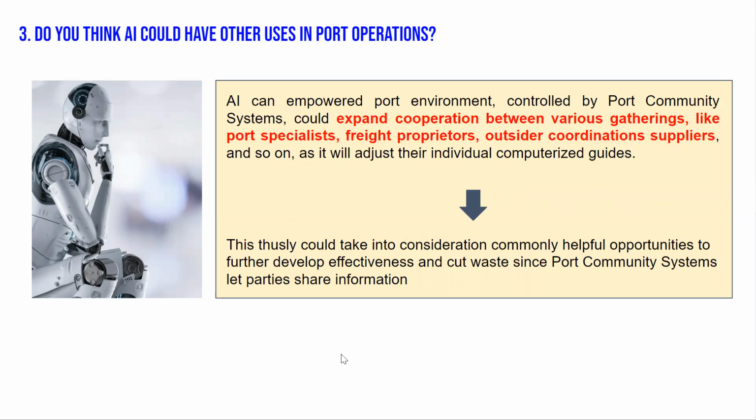And also the AI will adjust their individual digital guides based on the other sport, which could take into consideration mutually helpful opportunities to further develop efficiency and cut waste, as port community systems let parties share information.